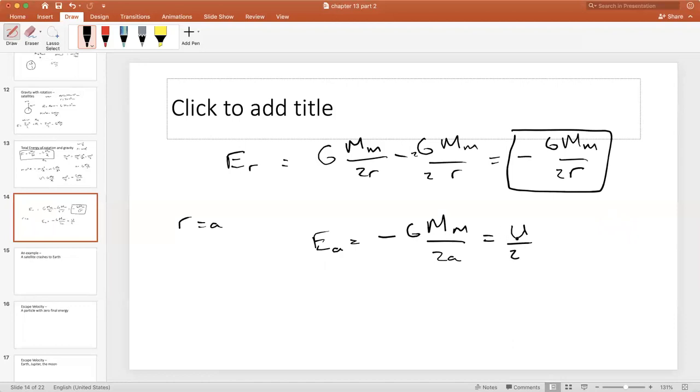U is the potential energy of gravity, which was minus G M m over r. So the energy is U over 2, or it's minus the kinetic energy. So if you know the energy at any time, you know the kinetic energy, and you know the potential energy at any time, assuming that you know r.